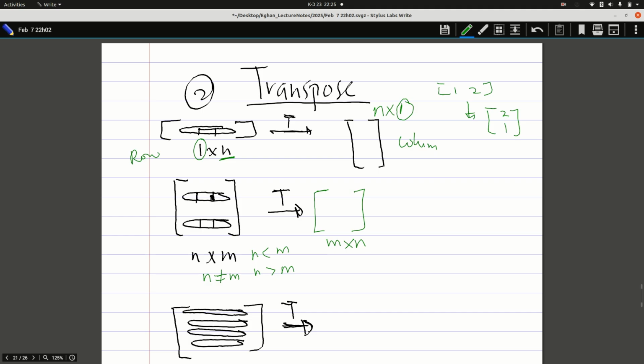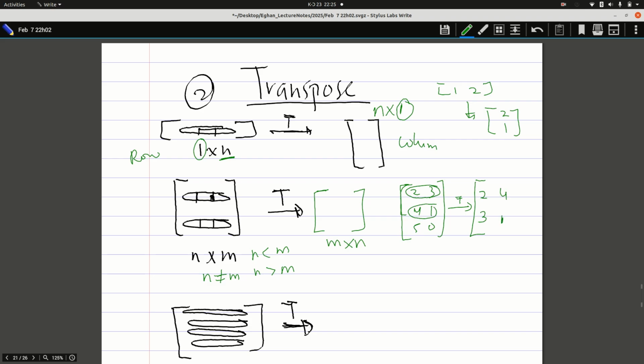Example, if I have 2, 3, 4, 1, 5, 0. This is a rectangular matrix. The transpose of this: every row would become a column now. So I have 2, 3. Every row will become a column, so 4, 1.